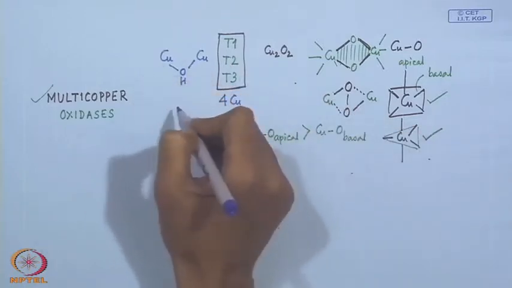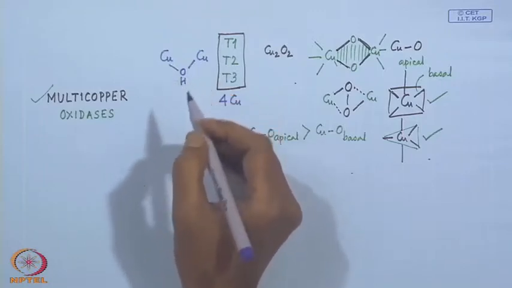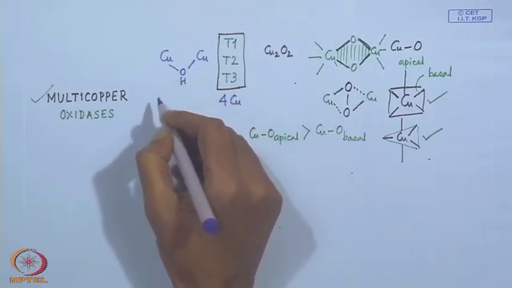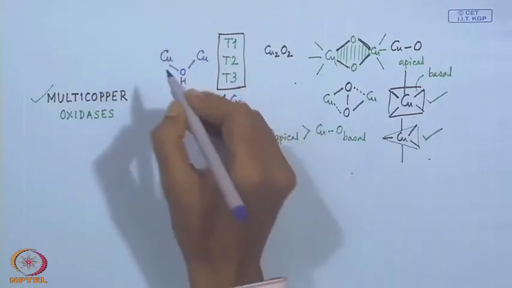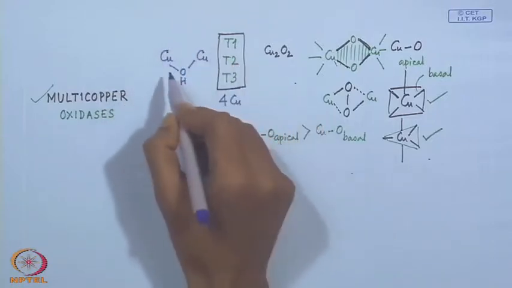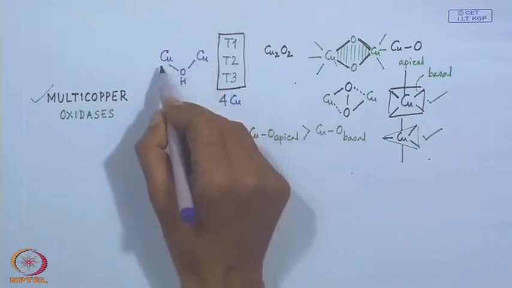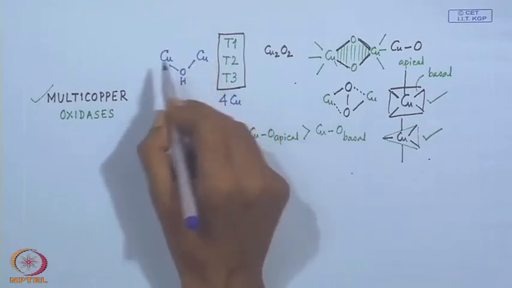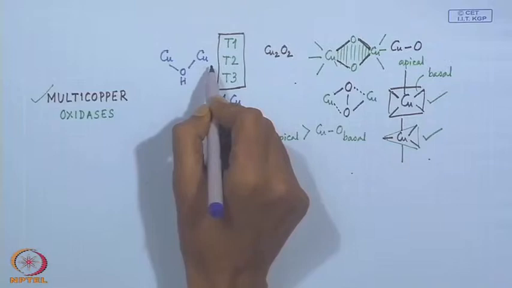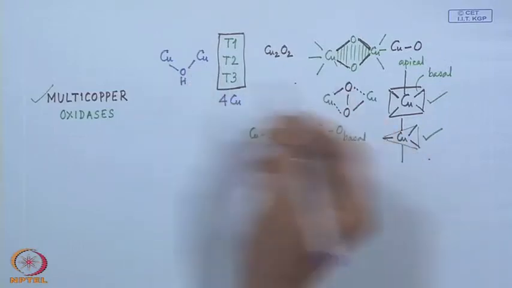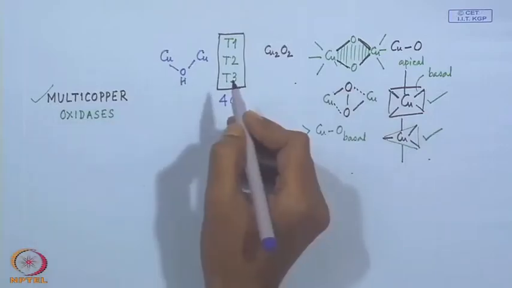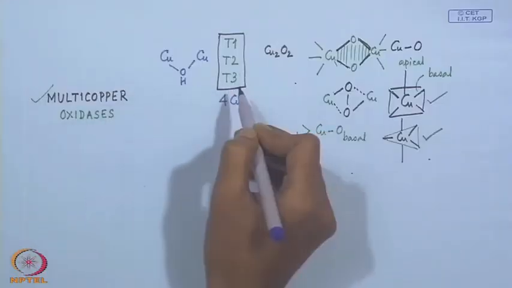And when this particular multicopper oxidase is showing the oxidase activity, initially we try to know the oxidation state, that means whether these 2 sites are copper 2 plus, or one of them is copper 2 plus and one is copper 1 plus, or both of them are in copper 1 plus. That is also important, because every time we are looking for electron transfer taking place, and they are basically reversible.